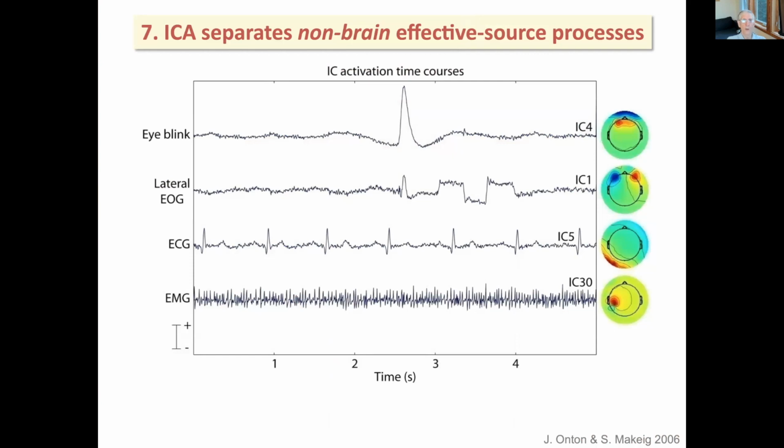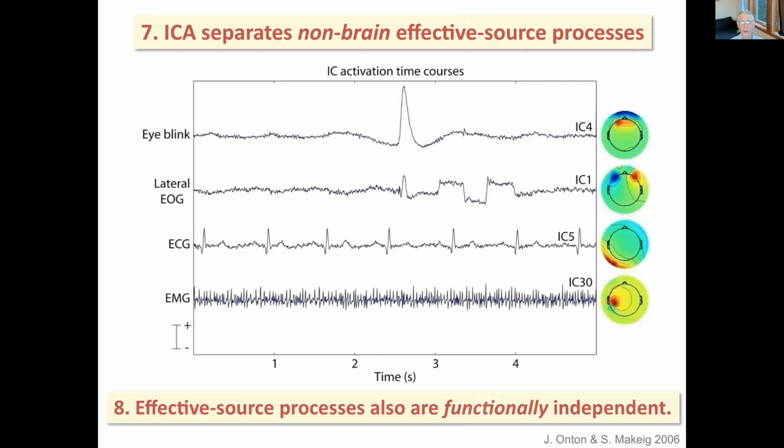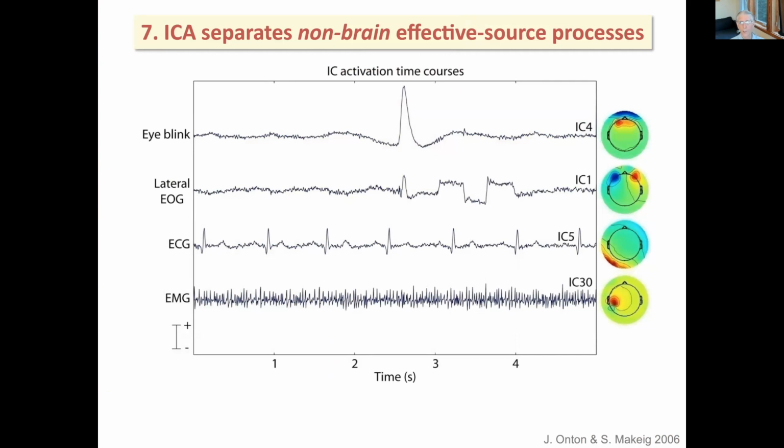So one thing we saw right away is that ICA decomposition can separate non-brain effective source processes. Well, what are these? Those of us who do EEG know very well that eye blinks contribute large potentials to frontal channels. Lateral saccades, for instance, will also contribute largely.